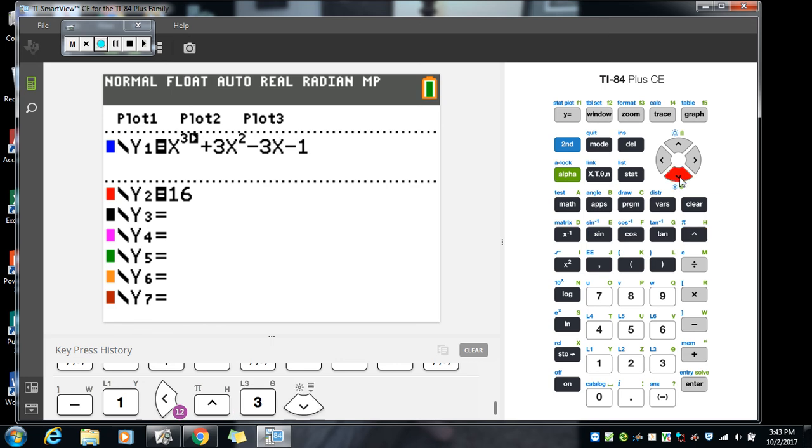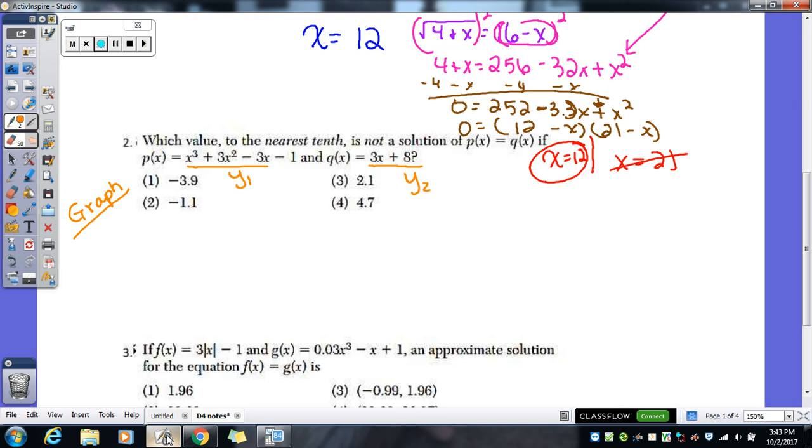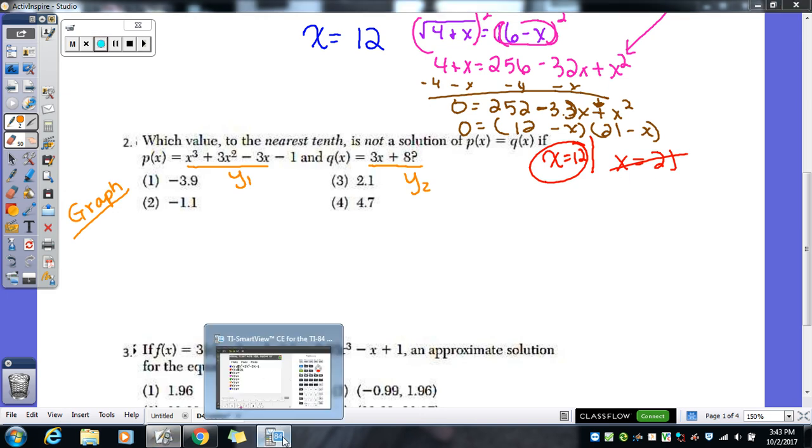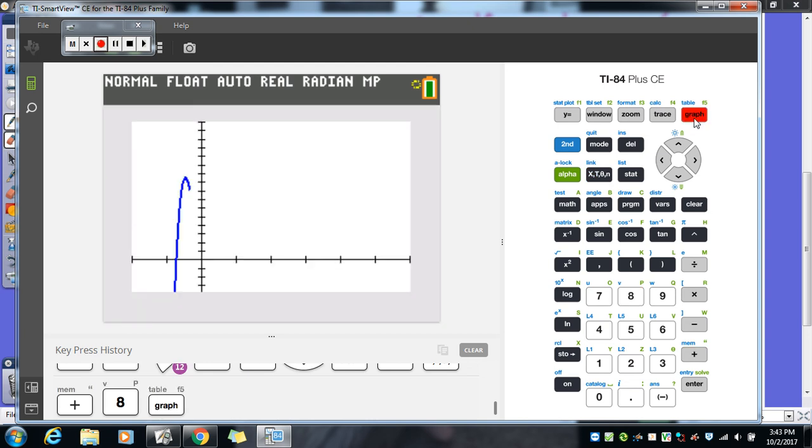There we go. So x cubed plus 3x squared minus 3x minus 1, and then 3x plus 8 is my other one. So I'm going to clear that out. 3x plus 8. And then let's take a look at our graph.